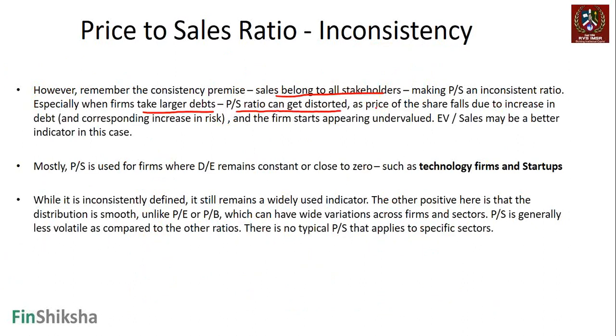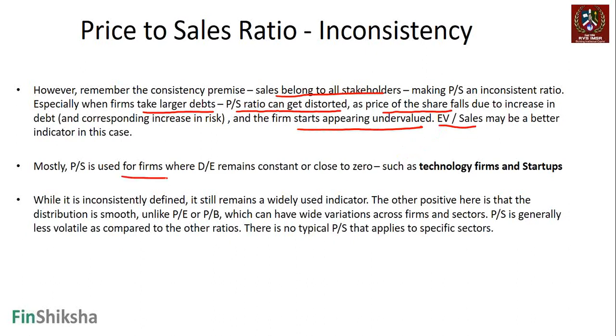The price to sales ratio can get distorted as the price of the share falls because of the rise in debt, and the firm starts appearing undervalued. We will understand a ratio called EV by sales, enterprise value to sales, which is going to be a better indicator. So in the next section, we're going to discuss the enterprise value ratios and understand why that basically solves this problem, right?